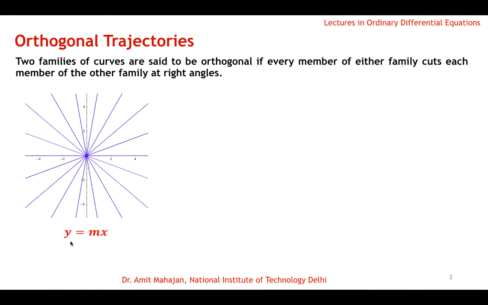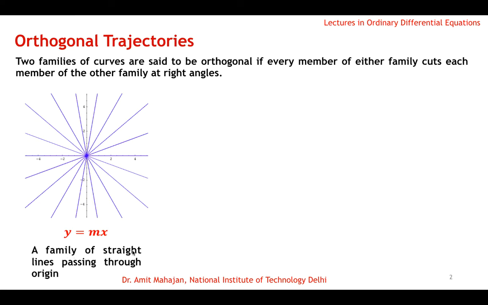For different values of m we will get straight lines passing through the origin: m equal to 1 gives y equal to x, m equal to 2 gives y equal to 2x, and so on. These are infinite straight lines passing through the origin, so we call it a one parameter family of curves, and the curve is a straight line here.